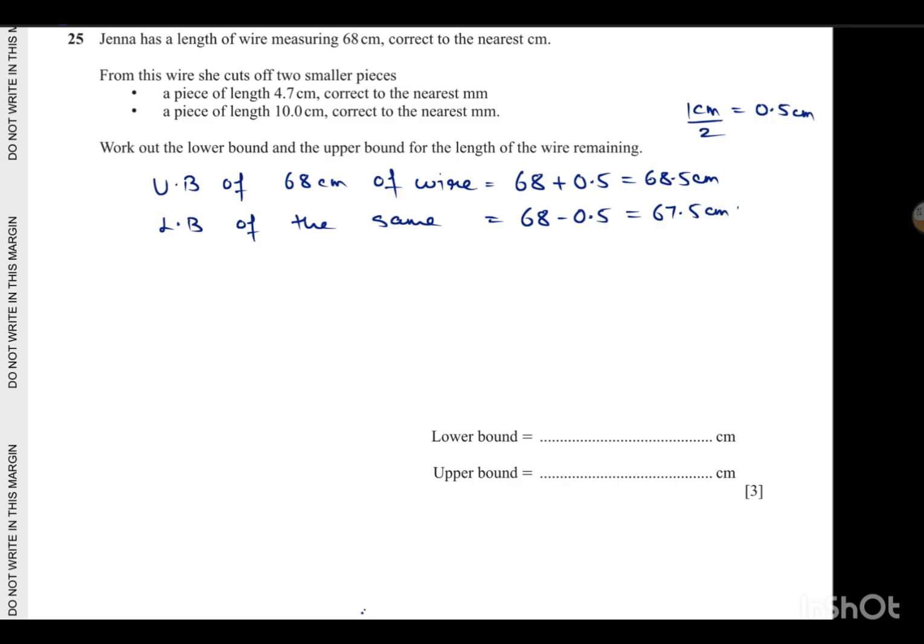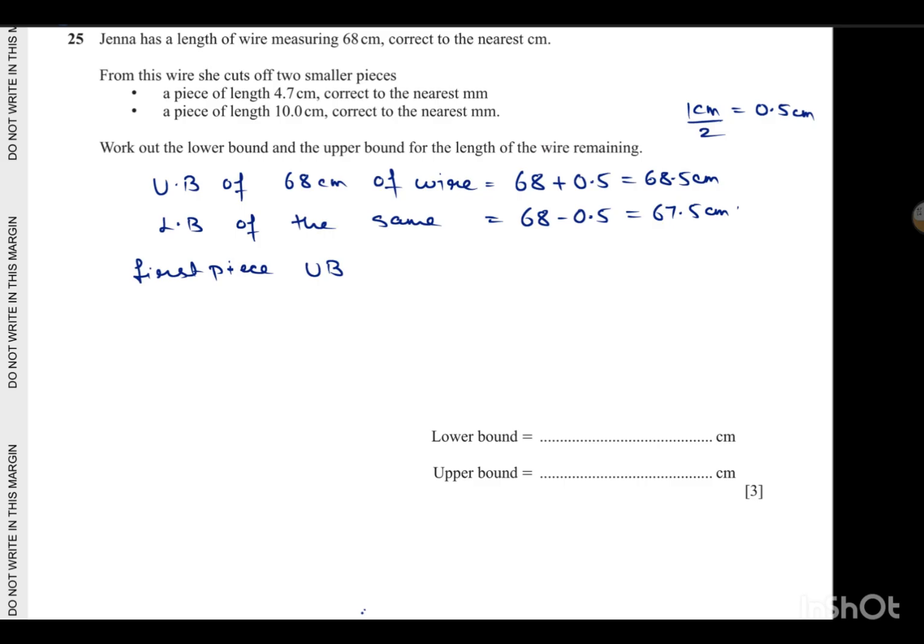Now the piece of wire she cut. So first we'll find out the upper and lower bound of the first piece. The first piece is correct to the nearest millimeter.